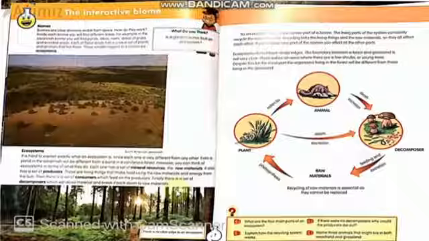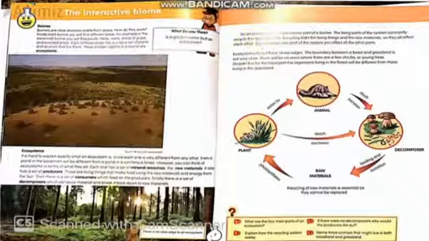Decomposers include bacteria. For example, if a tiger eats a deer, there will be some leftover, and the decomposers will feed on the dead material, and it will again become raw material. So, basically ecosystems have producers, consumers, decomposers, mineral resources, and raw materials.